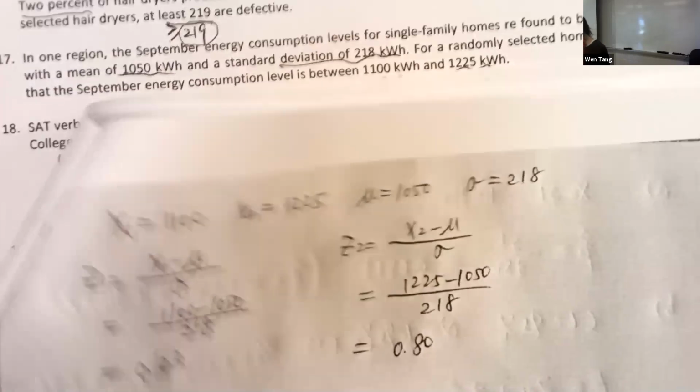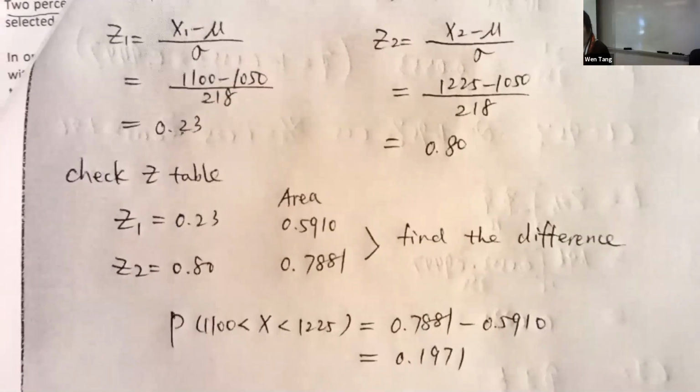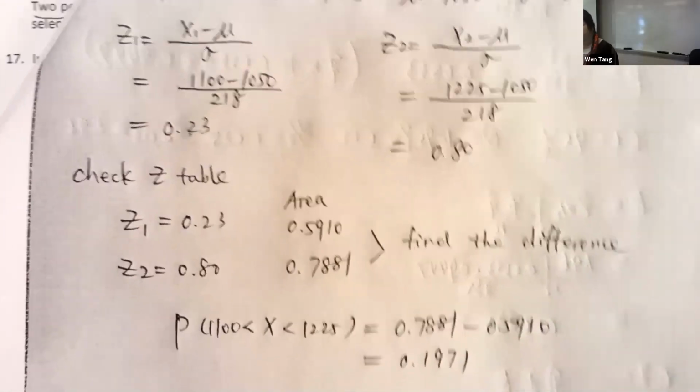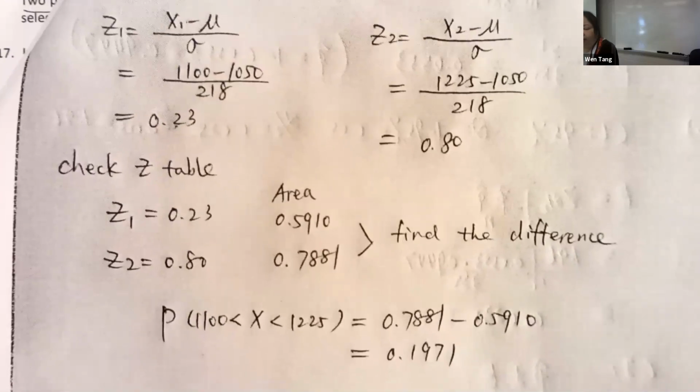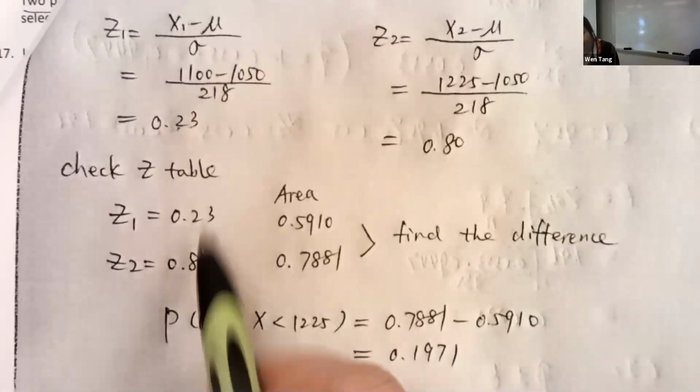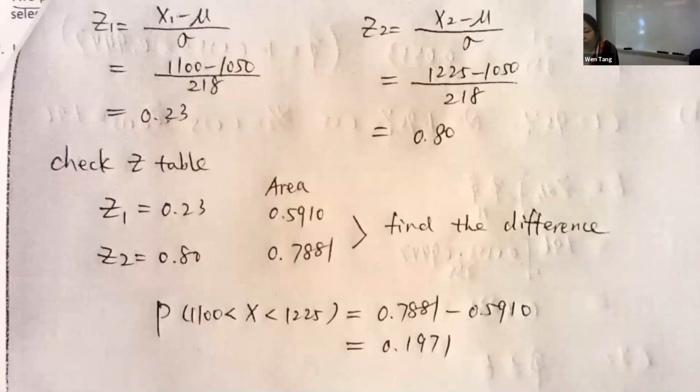Okay. After that, we're going to check the z table. Again, we need to get the difference between two areas. Do not add or subtract your z's to get the difference or something else. We do not do any operation on our z's.